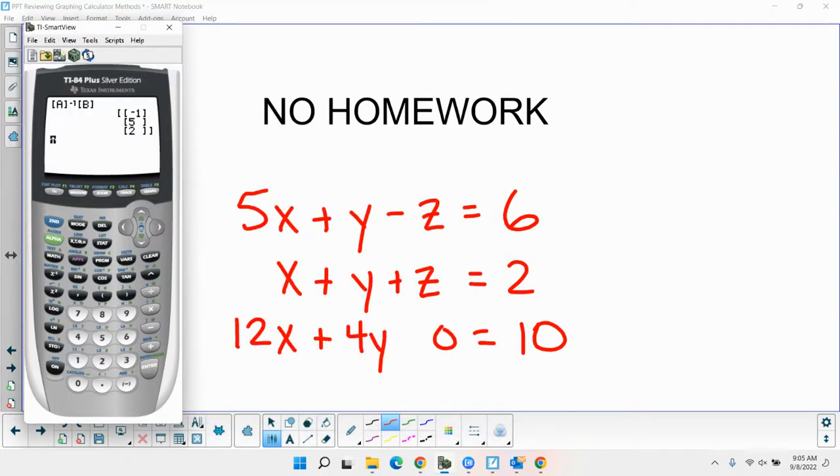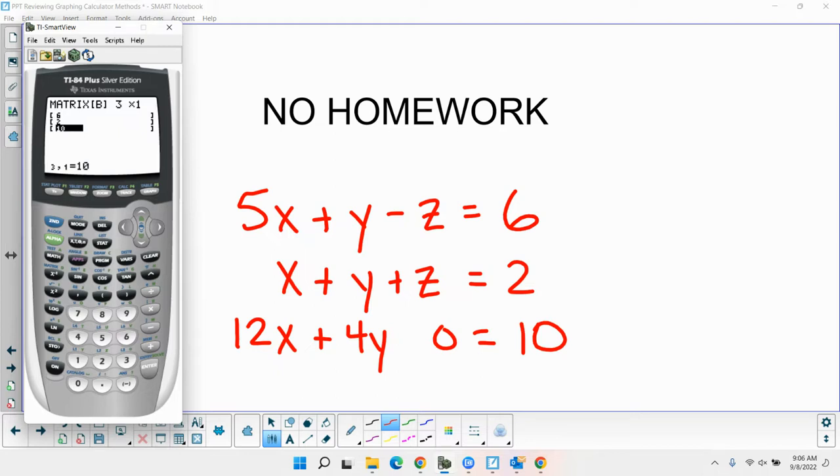So I go second matrix, edit, enter, enter, enter. 5, 1, negative 1. 1, 1, 1. 12, 4, 0. Pop out. Pop back in. Edit. Number 2 for B. Enter, enter to get to the 6, 2, 10.